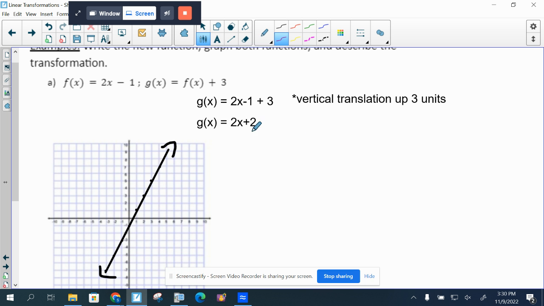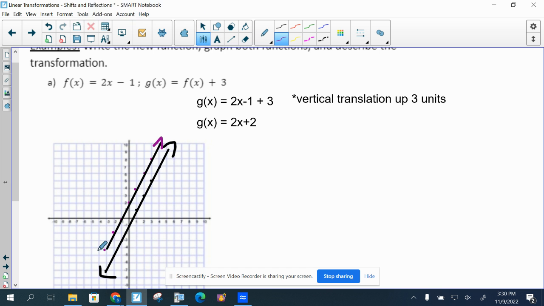And then the other one is 2x plus 2. So starts at 2, goes up 2 over 1. So notice the slope for these is staying the same. So this is G, this is F.